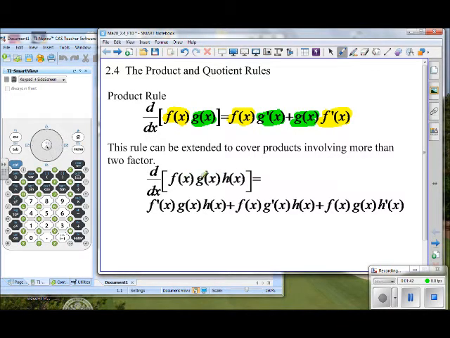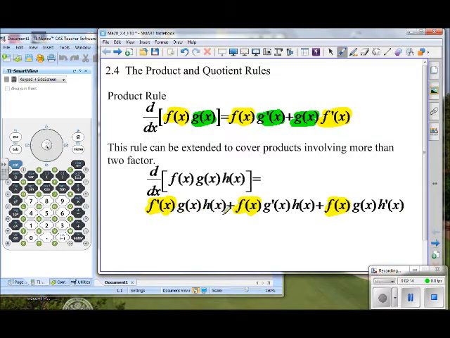We have here f of x, g of x, and h of x. Let me highlight function f. In the first term of the derivative we take the derivative of f of x and then g of x, h of x, plus the function f with the derivative of g of x and then h of x, and in the last one we have again f of x, but now we take it times g of x and the derivative of h of x.